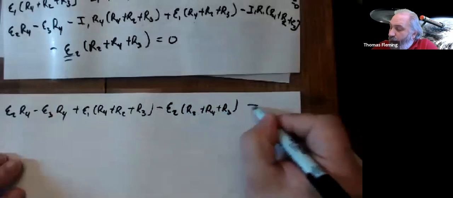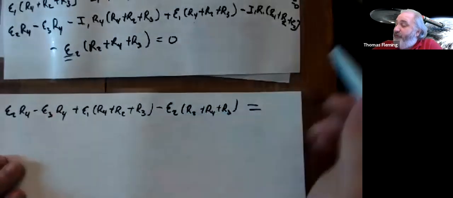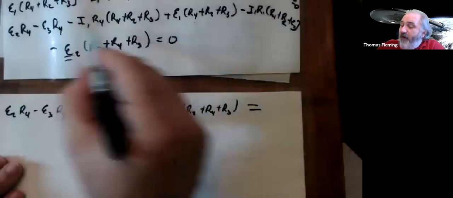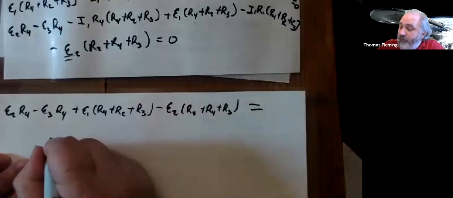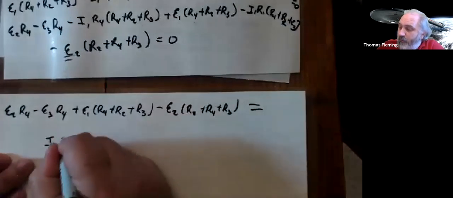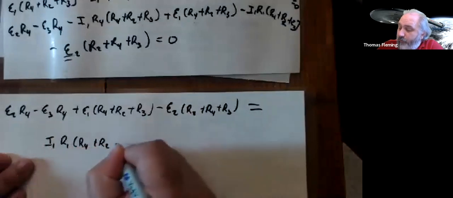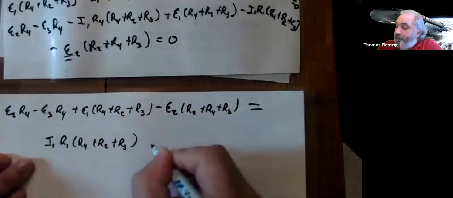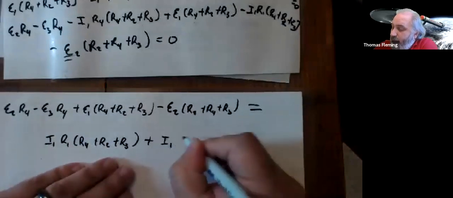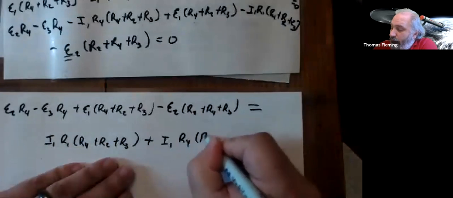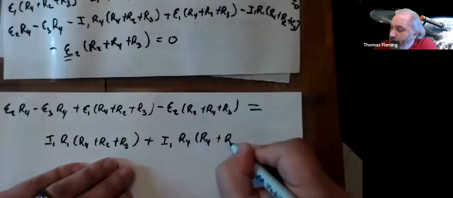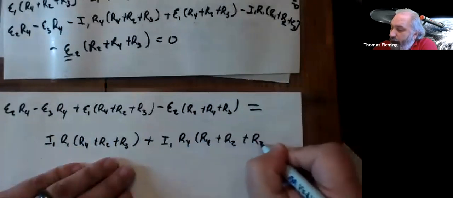And all that equals, on the other side of the equal sign, positive this and positive this. So that's I1 R1 times R4 plus R2 plus R3, plus I1 R4 times R4 plus R2 plus R3.